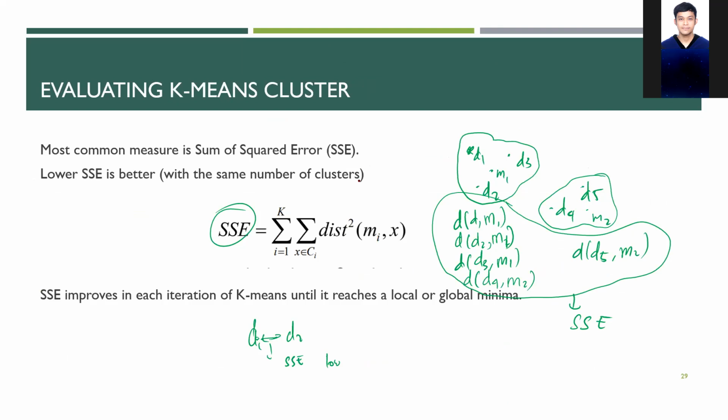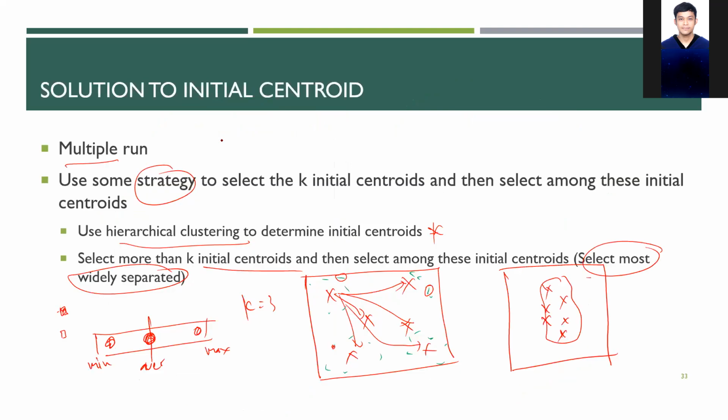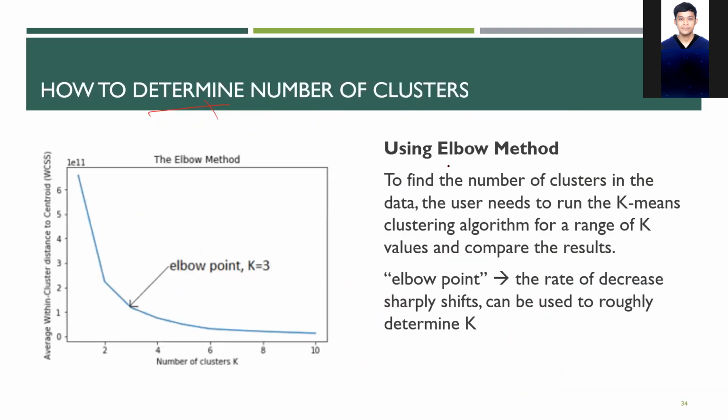First we go back to the cluster evaluation, or the main objective of clustering. The main objective of clustering is to make the SSE as low as possible. So we can do the elbow method.